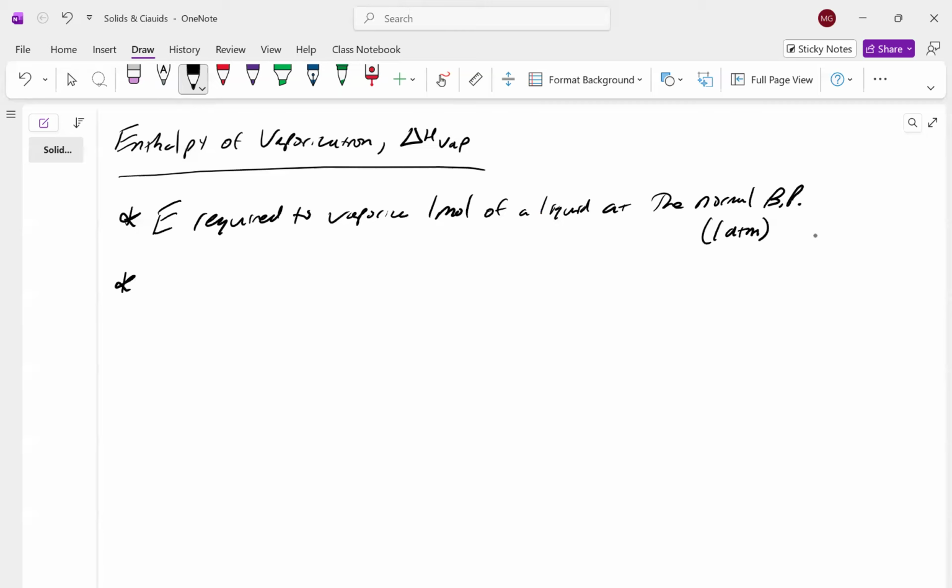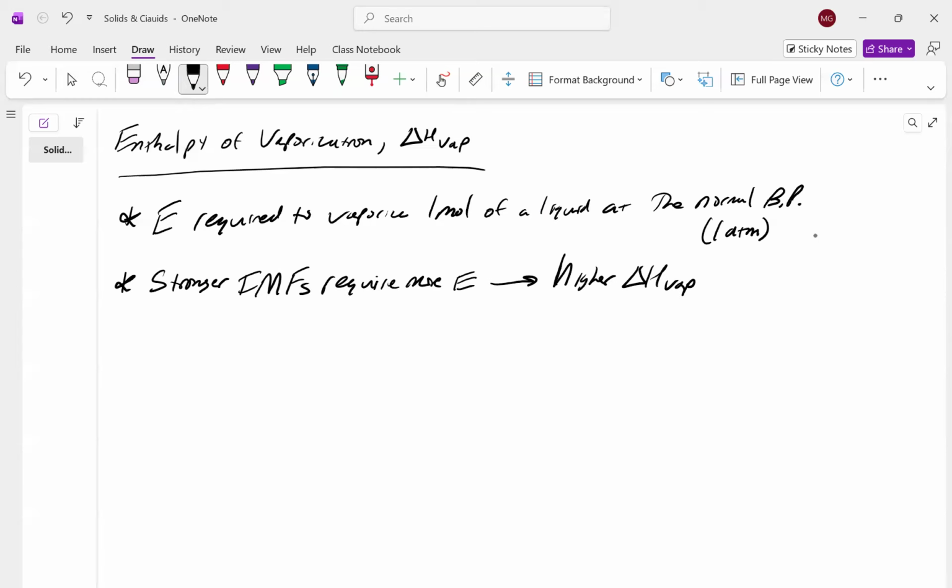And there's a direct relationship between energy and intermolecular forces. The stronger the intermolecular force, the more energy it requires to cause that vaporization, which in turn means there will be a higher delta H of vaporization.